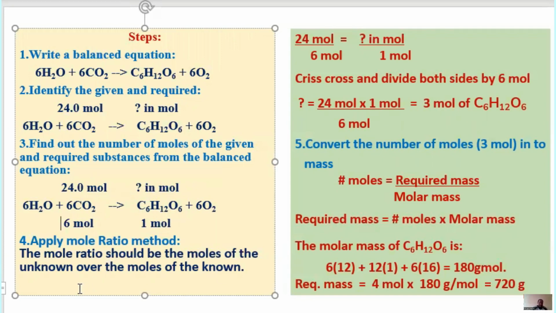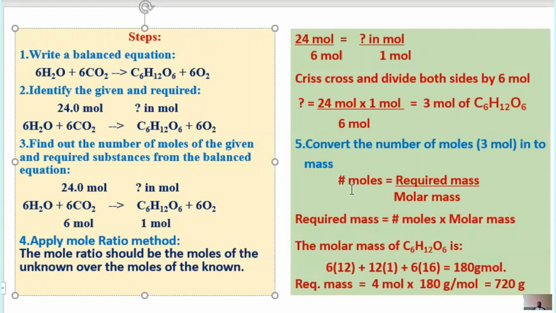As I said, the mole ratio should be the moles of the unknown over the moles of the known. 24 moles over 6 mole equals question mark or X over 1 mole. Then crisscross and divide both sides by 6 mole. 24 mole multiplied by 1 mole divided by 6 mole equals 4 mole of glucose.